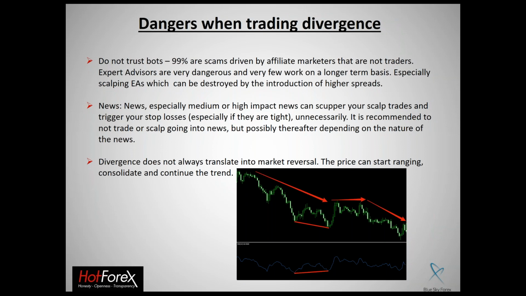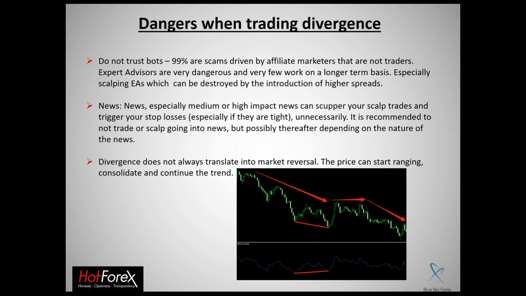And related to divergence itself, the divergence does not always translate into market reversal. As I mentioned in the beginning, a divergence tells you that the momentum is exhausting, and this doesn't definitely mean that the price will reverse or the trend will reverse.